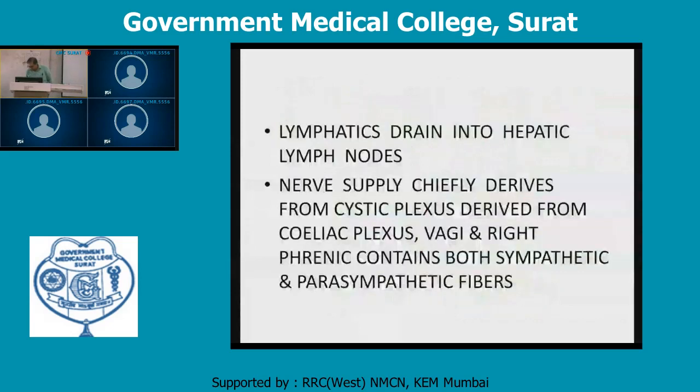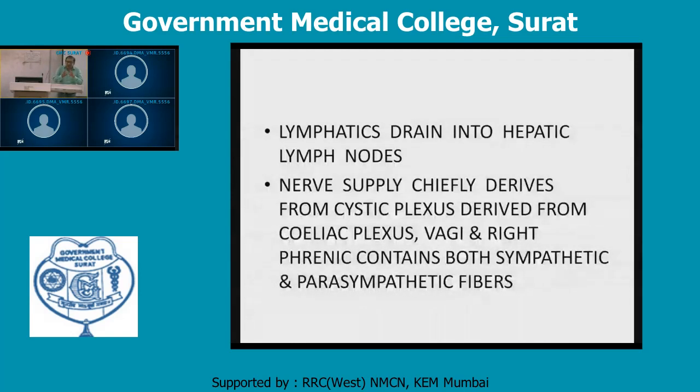Now lymphatics from the gallbladder are drained into the hepatic lymph nodes, which are closely located near the porta hepatis. Now the nerve supply to the gallbladder chiefly derives from a cystic plexus of nerves. One cystic plexus is there, that is an offshoot from the celiac plexus.